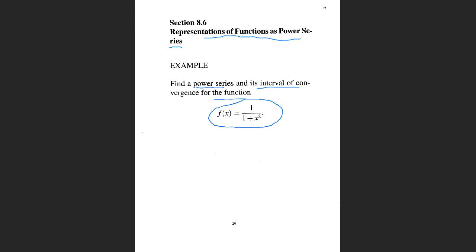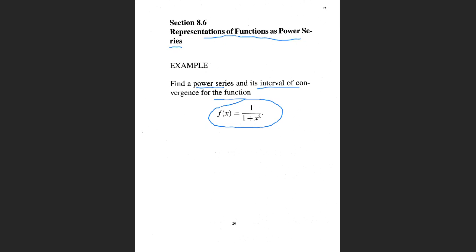So imagine being able to write a function as a power series. And then of course we need the interval of convergence for the power series, because the function is only valid as a power series over its interval of convergence.